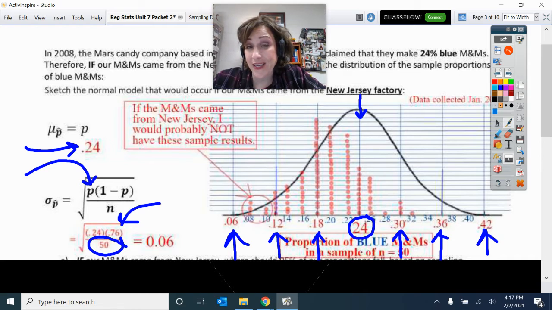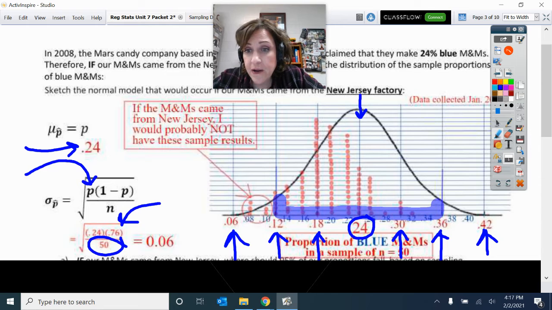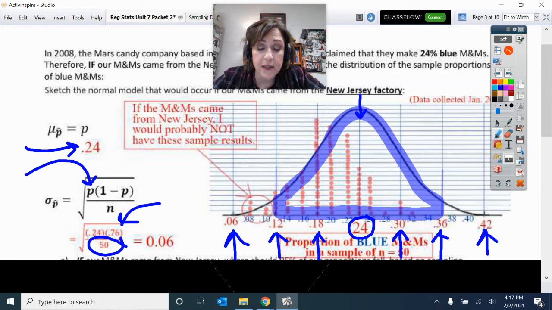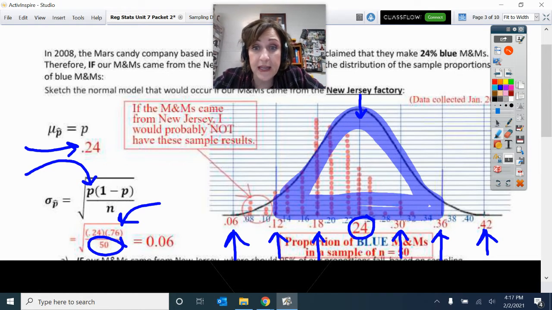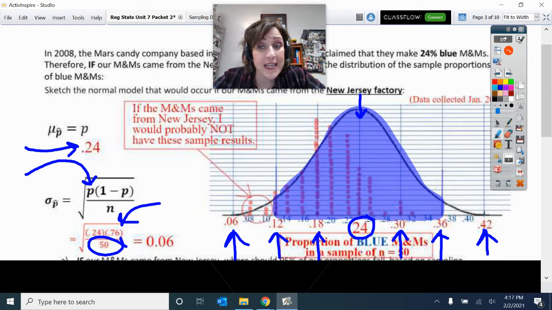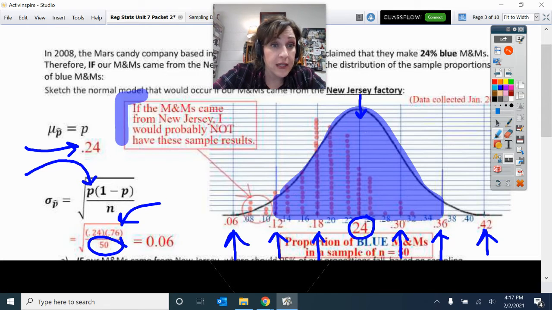So in essence, we can even anticipate that if this data comes from the New Jersey factory, then within 2 standard deviations of the mean is where all the data should be. Essentially, anything outside of that would be considered outliers. And so that's what I wrote here.